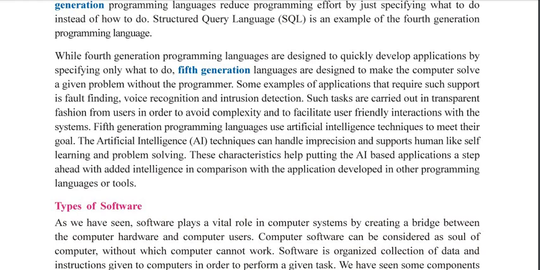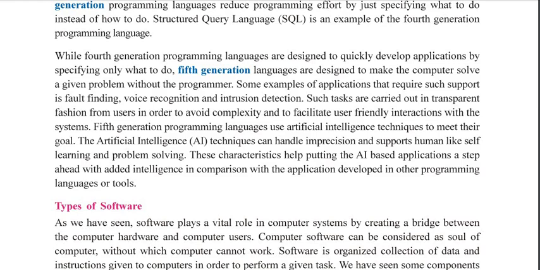Some of the applications that require such support are fault finding and voice recognition. Google has that facility, and even our WhatsApp has the same. You just press the speaker symbol, and when you speak a message, it will be sent. In Google, when you speak a particular thing that you want to search, it works by that. So it's the fifth generation language working.